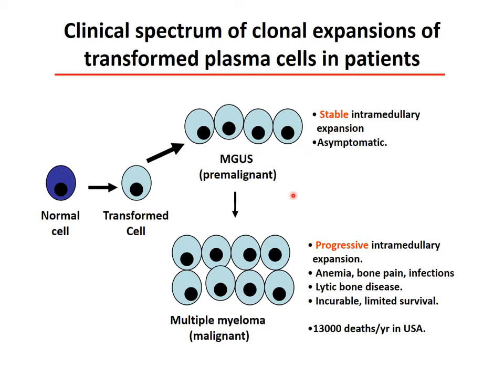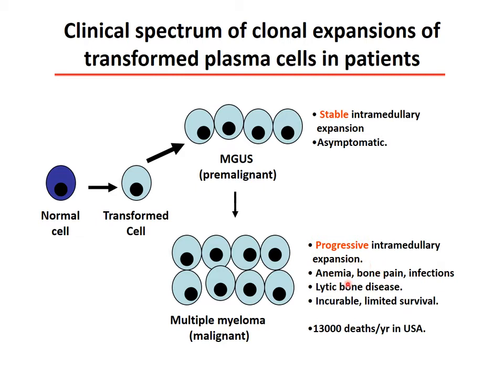Next, we suffer another mutation that is going to induce proliferation or decrease the apoptotic signal of these cells. And now this is going to progress to the intramedullary expansion, and we have all the clinical signs. We have suppression of the erythroid cell line, suppression of the thrombocytic cell line or the granuloid cell line, and it activates the osteoclasts and causes bone lesions.